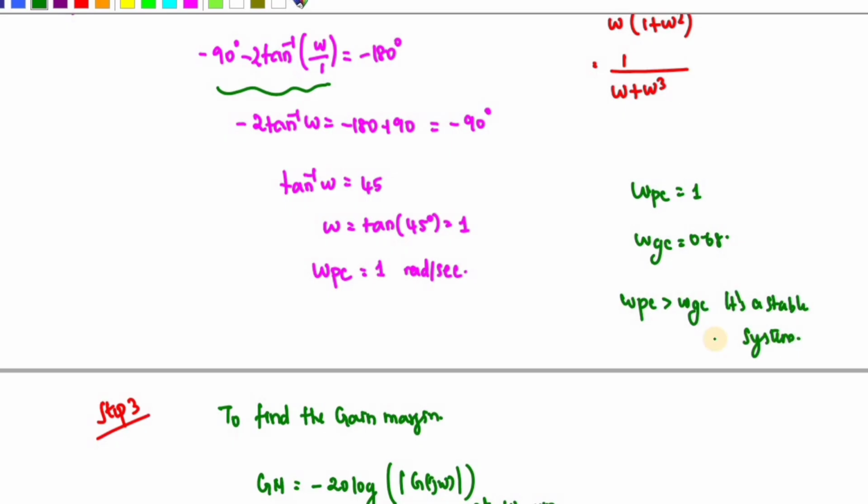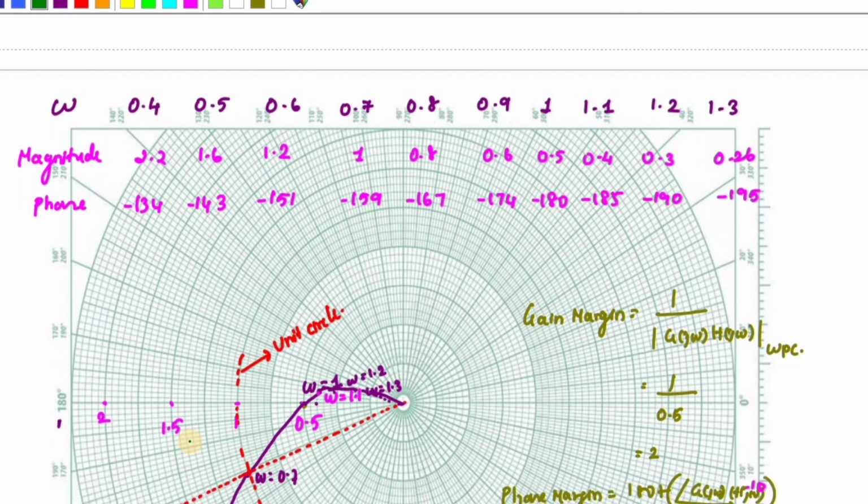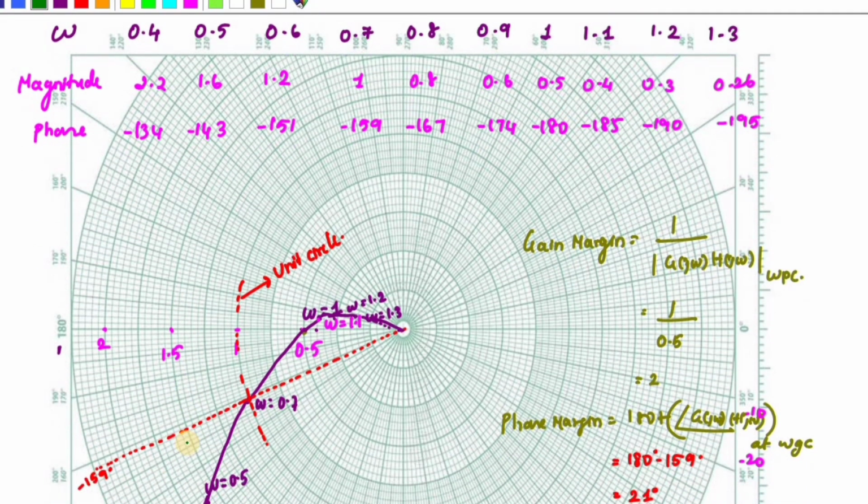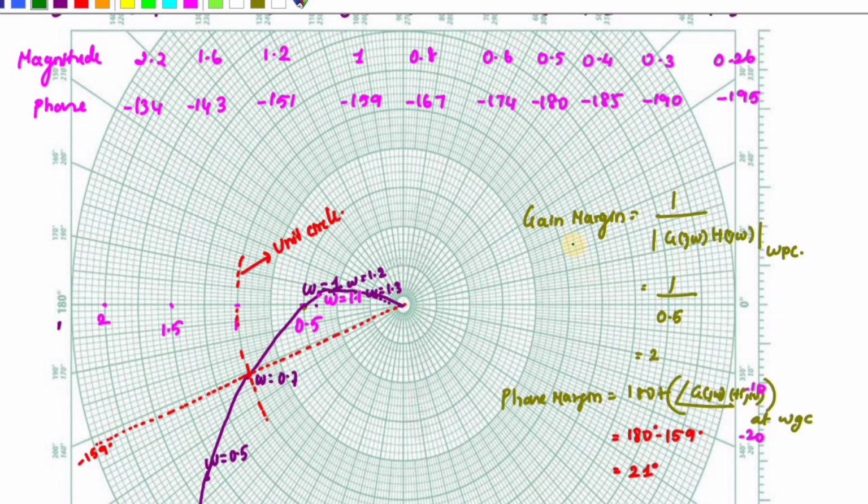Now we can verify this with the help of the polar plot. This problem I have solved with the help of a polar plot. You can see here the gain margin is 2.